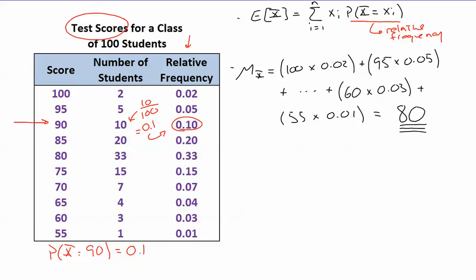So the mean score is 80. What does that mean? Oh, by the way, if you had done this in the rather traditional way, if you had added 100 2 times, and added 95 5 times, and 90 10 times, 85 20 times, etc., all the way down, and then divided by 100, you would get the exact same value of 80.